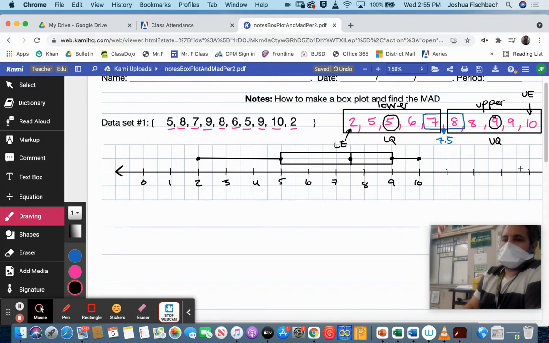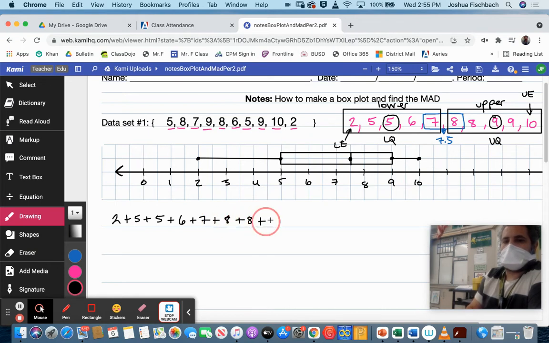Then the harder ones are the mean and the MAD. Now in order to do the MAD, you have to calculate the mean. So to calculate the mean, you're just going to take all these values, add them up, and then divide by the number of values. So you're going to do 2 plus 5 plus 5 plus 6 plus 7 plus 8 plus 8 plus 9 plus 9 plus 10.